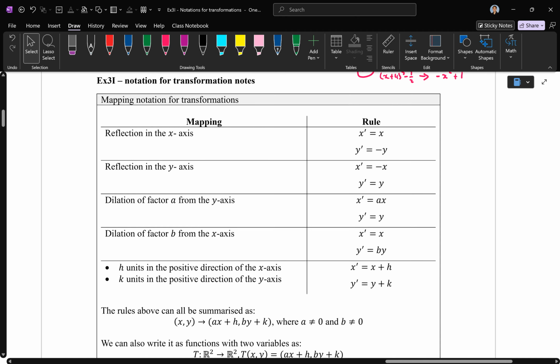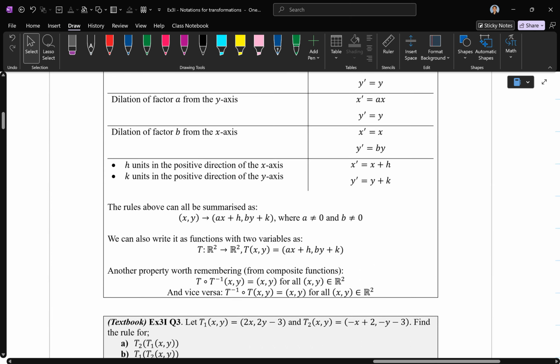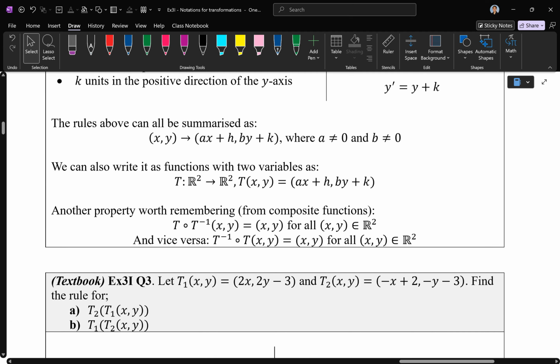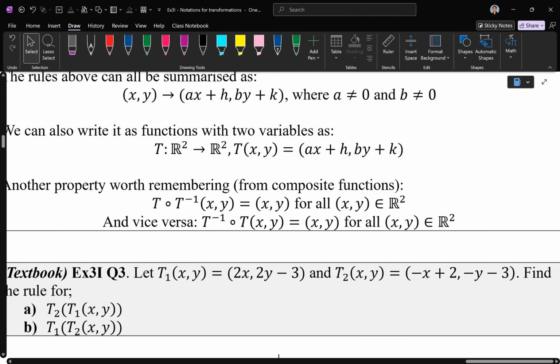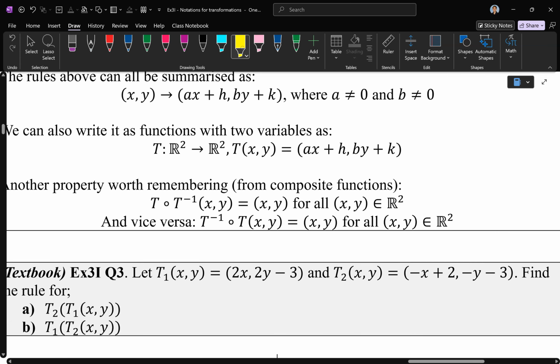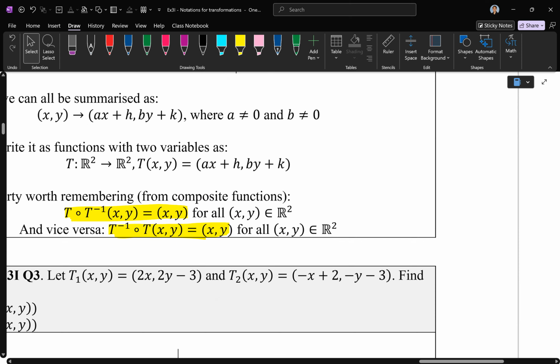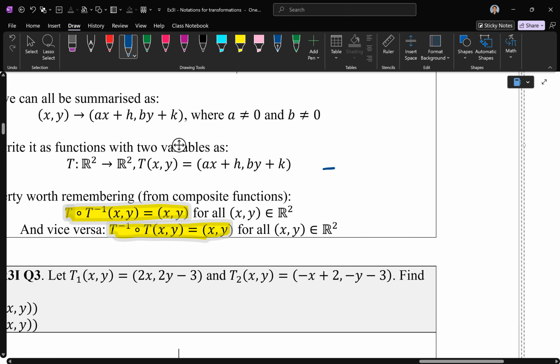What I want you to write in your notes are two things, because you're going to get the printed version anyway. So I just want you to copy in your notes for transformation notation. Can you copy this notation down? And then this one. And then I'm just going to add in one more thing that I think could help you understand as well.